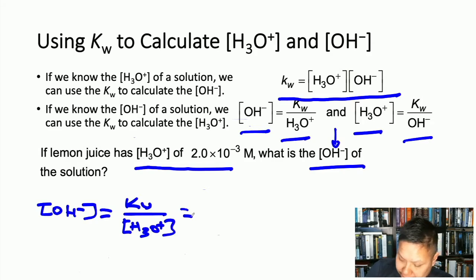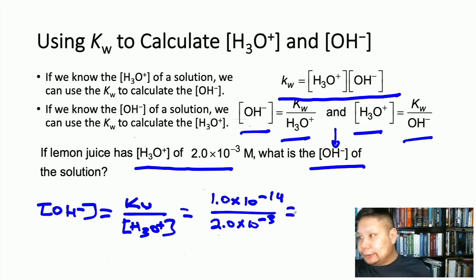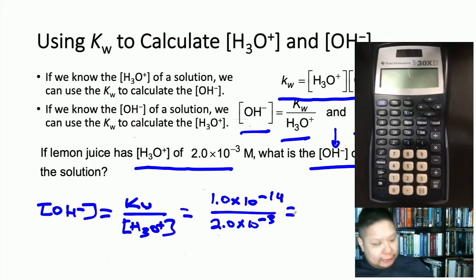So that means that it's 1.0 times 10 to the negative 14 divided by the hydronium ion concentration, which is 2.0 times 10 to the negative 3. And let's just do that on the calculator real quick, just so I can review with you guys how to put in scientific notation.